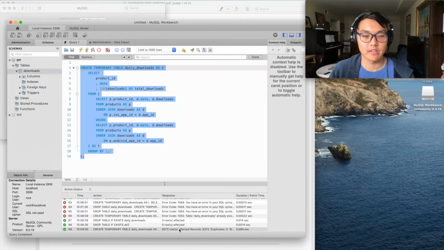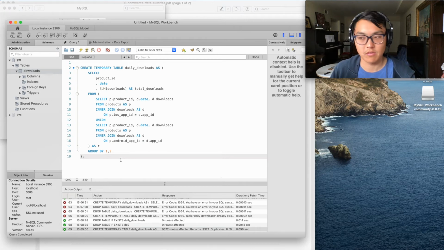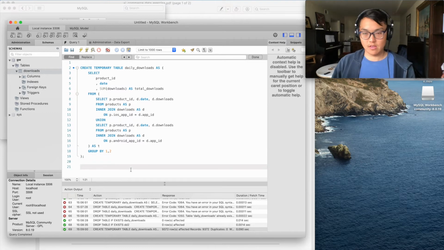Create it right there. You see 9,372. That sounds right because the data set is like 6 years. It's 365 days plus 4 products. Someone else can do that math. Cool. So now that we have effectively this table, we can look at it.